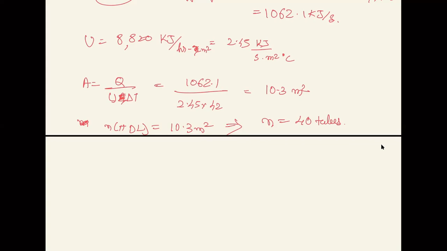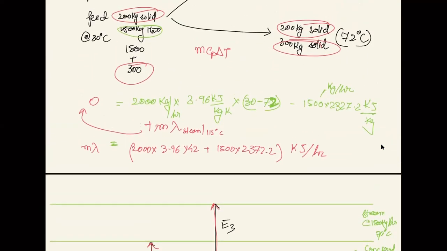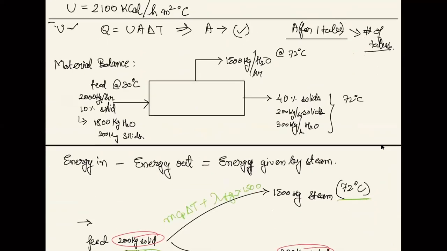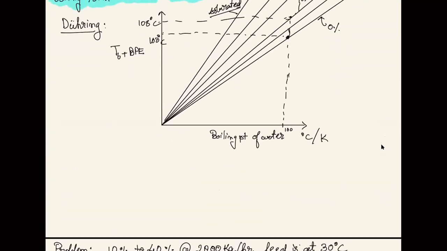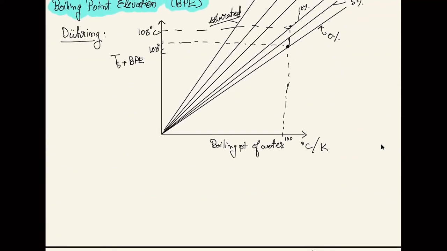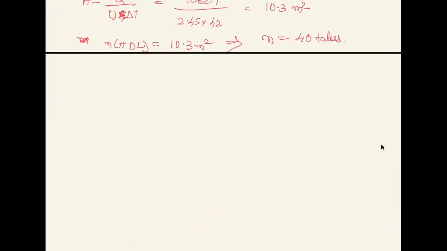Divided by pi, 1.5, divided by 0.0254. Yeah, it's coming out to be around 10. Anyone who is through with the calculations?